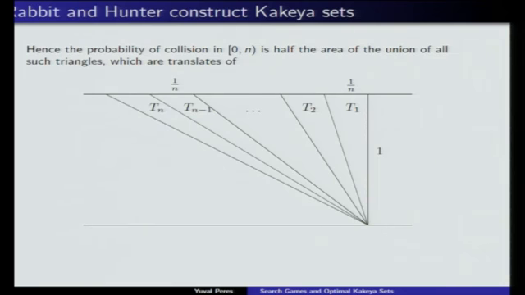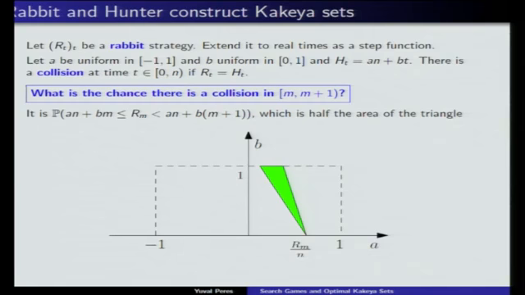The rabbit can move, and his movements correspond to moving these triangles, because again, in this picture, the base of the triangle is Rm over n. So in other words, the fact that we found a rabbit strategy that ensures capture probability at most 1 over log n, so that's ensured against any hunter strategy.